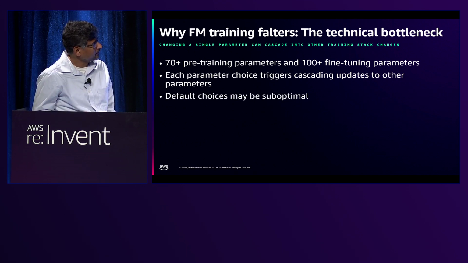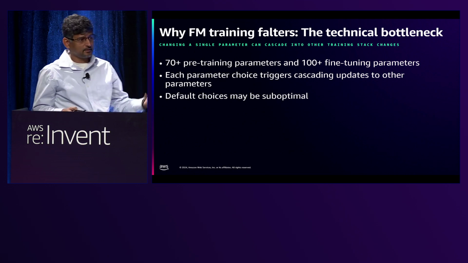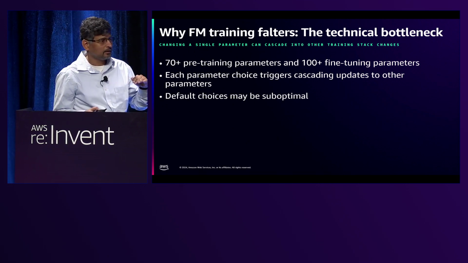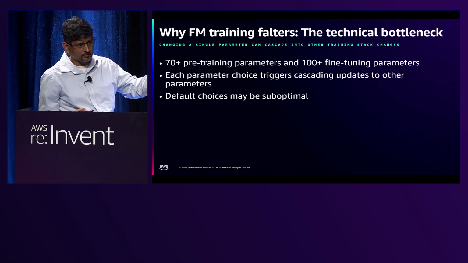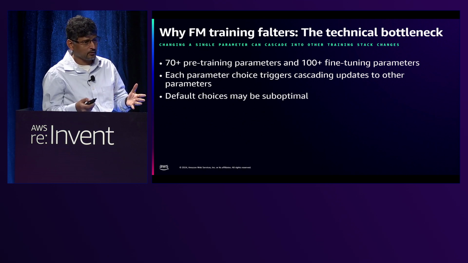The other issue is that new models keep getting added all the time, so the time you take establishing these parameters could be so long that you're now switching to another model.